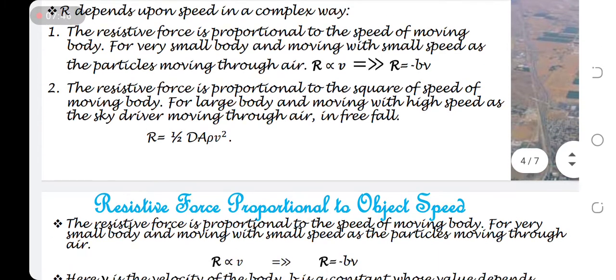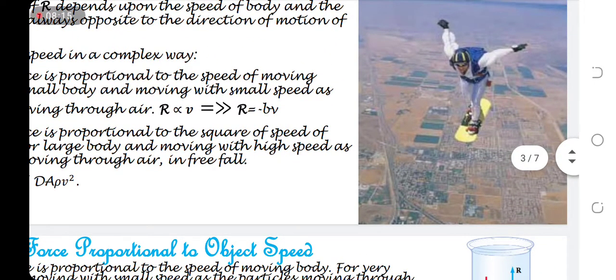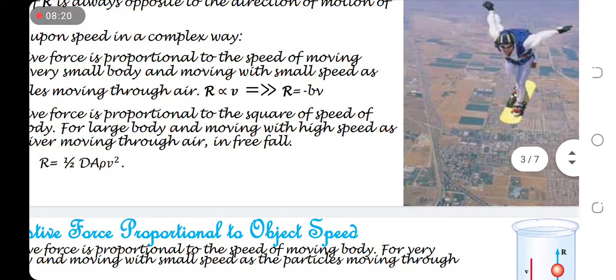The second case, the resistive force is proportional to the square of the speed of the moving body. Where does this happen? This case is possible for large bodies moving with high speed, such as a skydiver moving through the air in free fall. We can see in the figure a paratrooper or any other body.